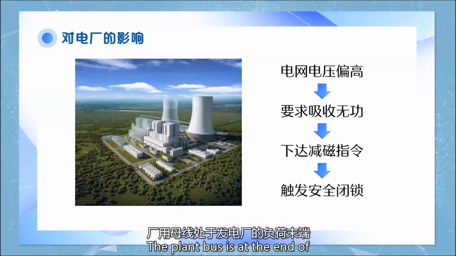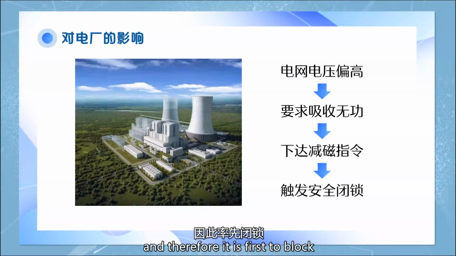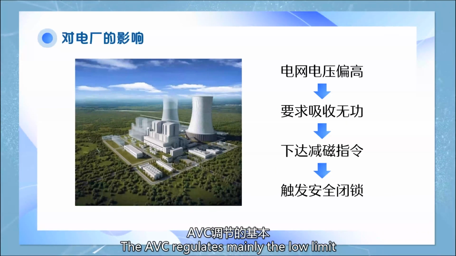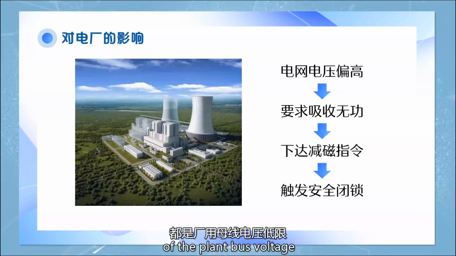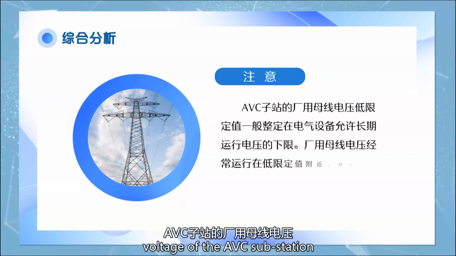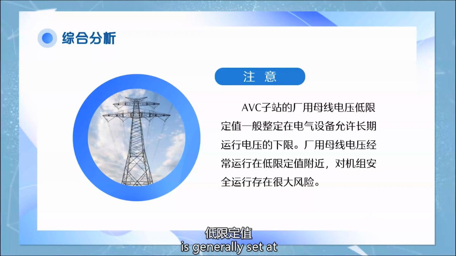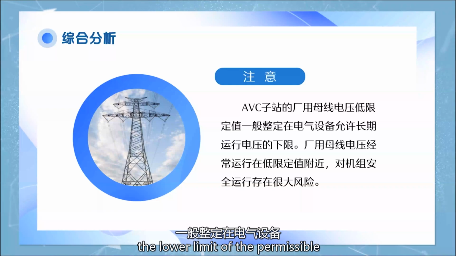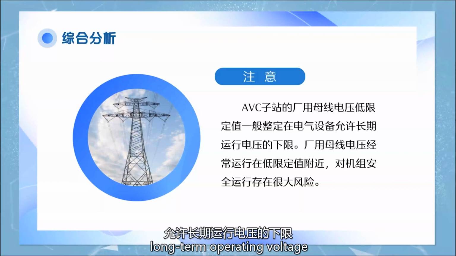The plant bus is at the end of the load of the power plant, and therefore it is first to block. The AVC regulates mainly the low limit of the plant bus voltage, and the low limit of the plant bus voltage of the AVC substation is generally set at the lower limit of the permissible long-term operating voltage of the electrical equipment.